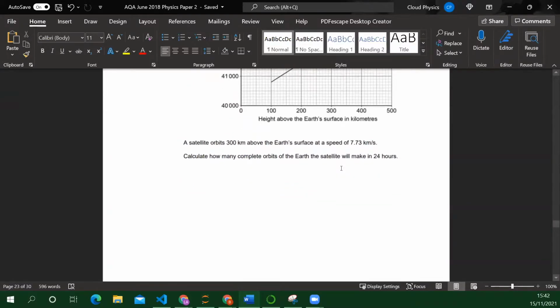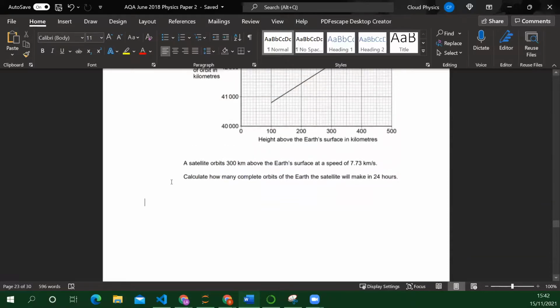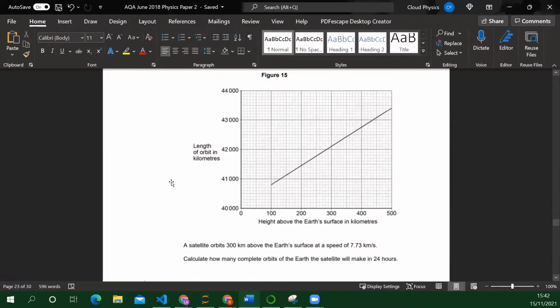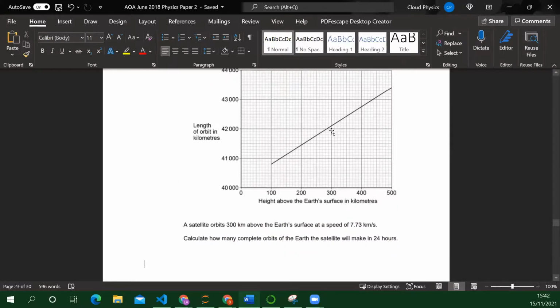Calculate how many complete orbits of the Earth the satellite will make in 24 hours. Right, okay, so we need to find the length of the orbit first. That's why they're giving us a graph. So we need to go up to 300.